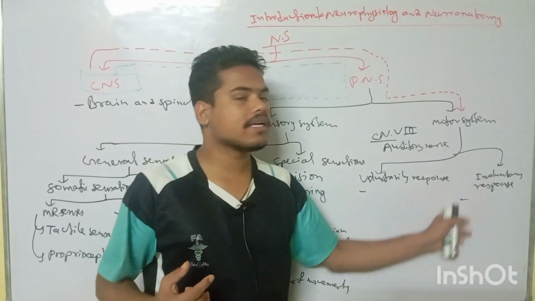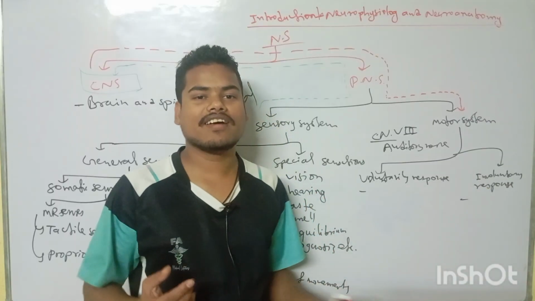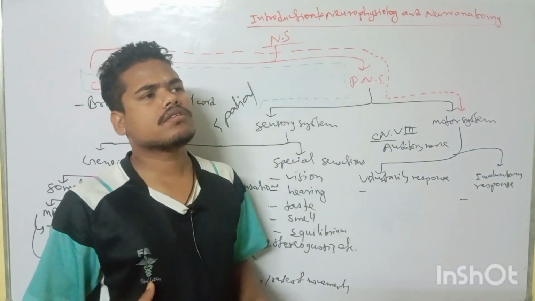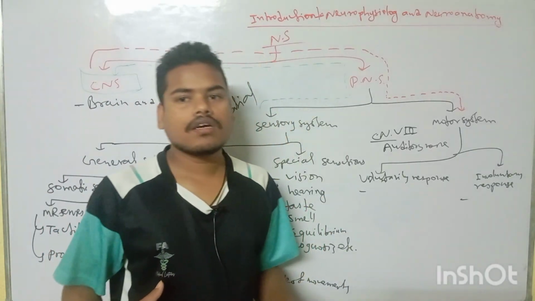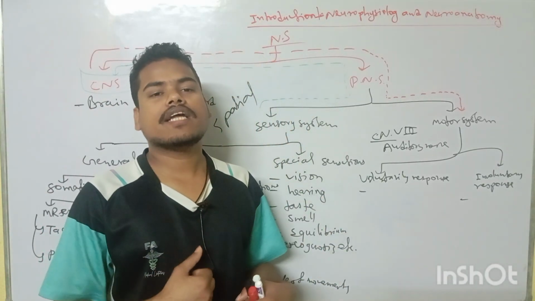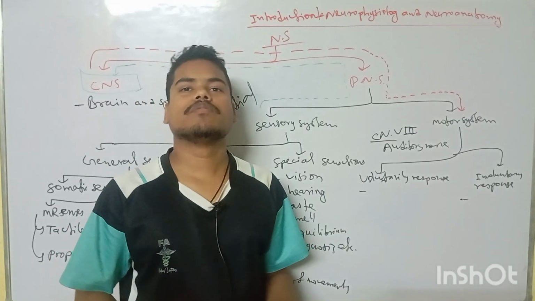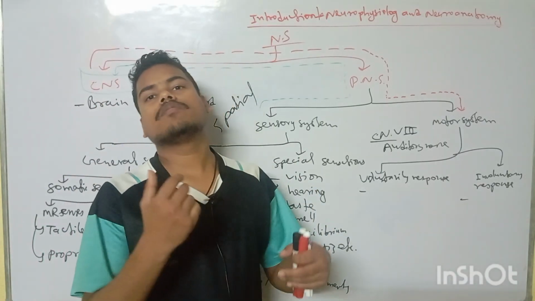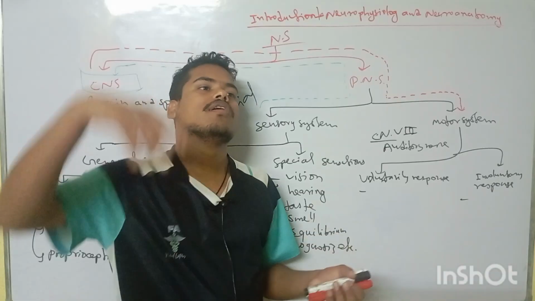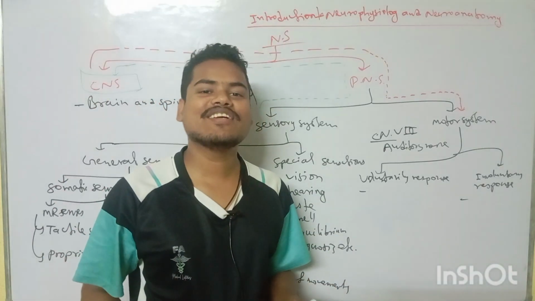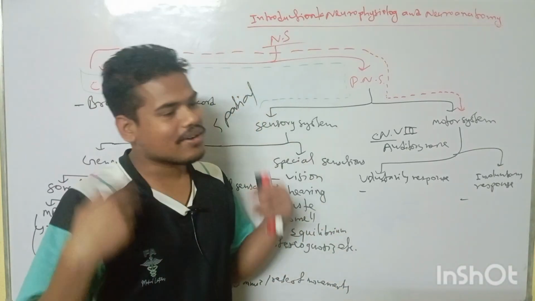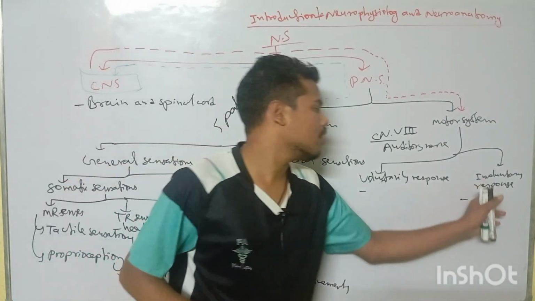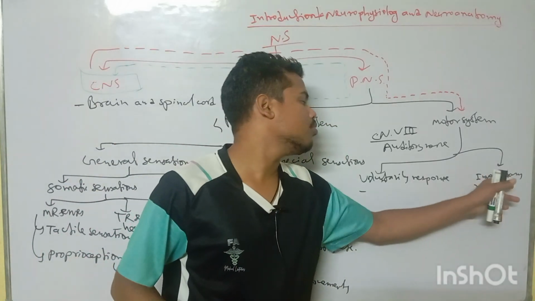Can we control them? No. Can we say, I have eaten today, GI tract, do not digest these things today, please keep them reserved for next week? No. It will occur on its own. So these are not in our control. These are the involuntary responses.